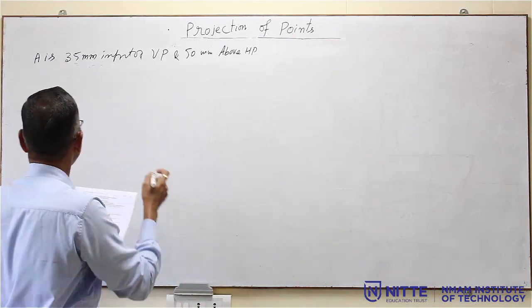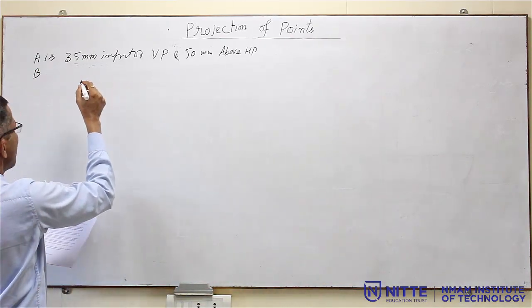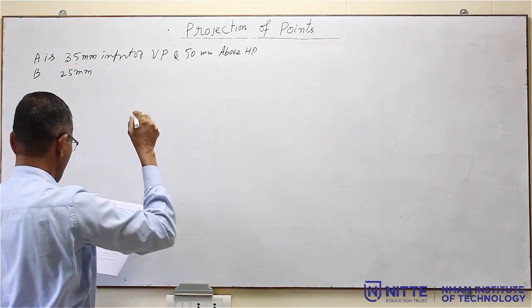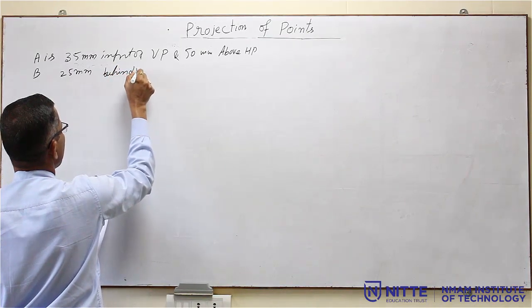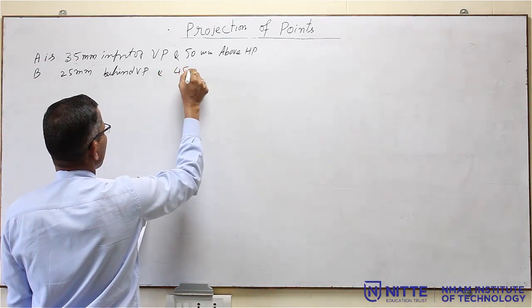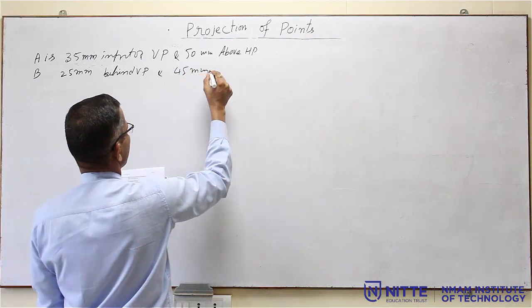Another point B is 25 mm behind VP, and 45 mm below HP.